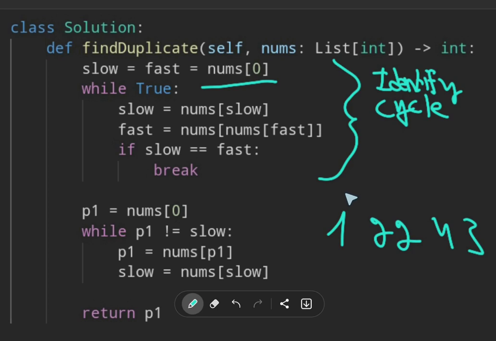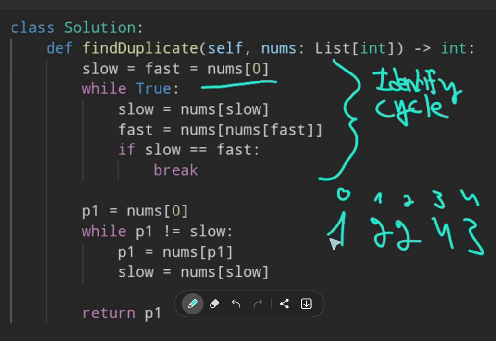Then as we said, we have here indices 0, 1, 2, 3, 4. Okay, so we start from the first number. The slow will be 1. Because the slow is 1, then we check what is the next number in the numbers array at 1. So the next number in the numbers array at 1 is 2. And the fast is moving twice.